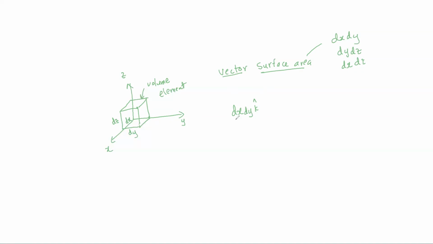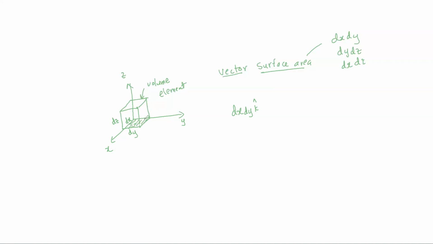So the magnitude of this vector surface area should be equal to the surface area that we are considering, and the direction of that vector must be perpendicular to the surface area. So first we consider the dx dy component. So dx dy component is this surface area. What is the perpendicular vector to this surface area? It is k hat, right?